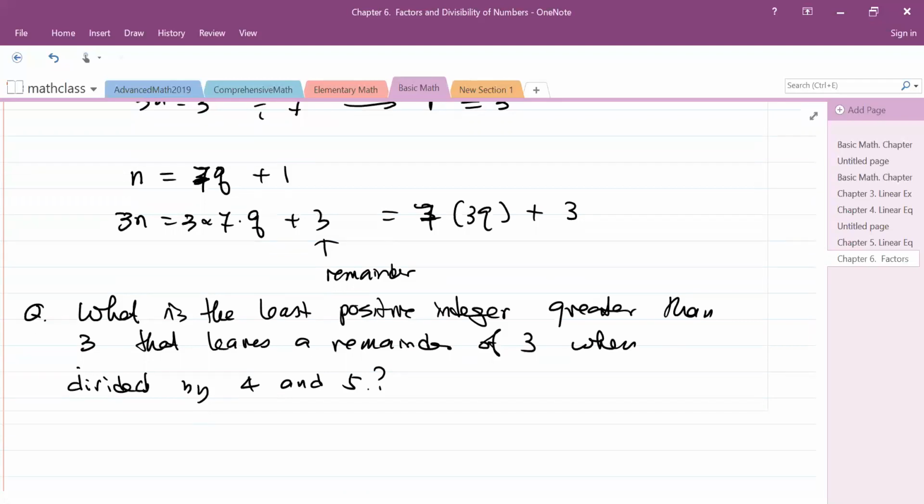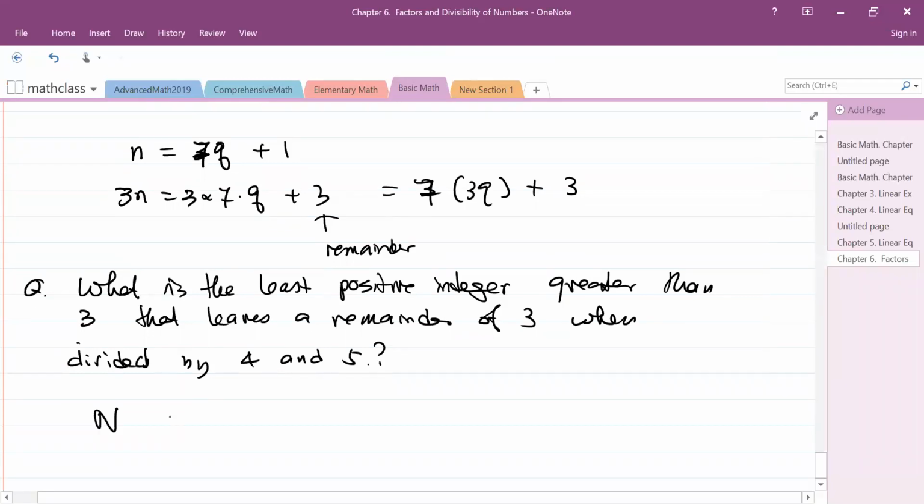If the number leaves a remainder of 3 when it is divided by 4, that means if you subtract 3 from the number, it should be divisible by 4 and 5. Do you agree?